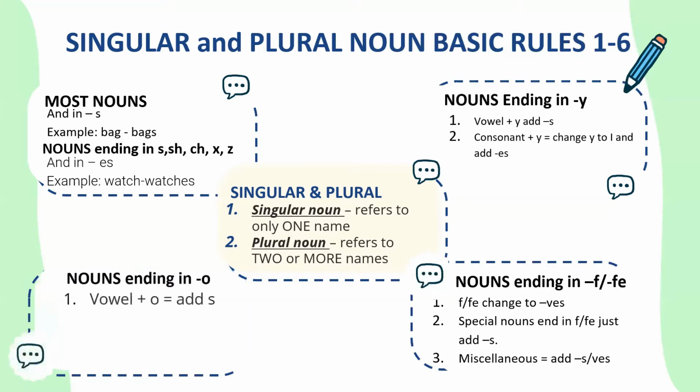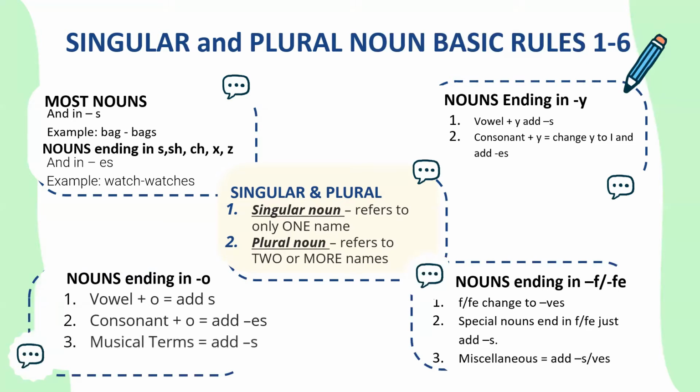Lastly, we have also learned about nouns ending in O. So if a noun is preceded by a vowel, then O, just simply add S. Example, igloo to igloos. However, if it's consonant plus O, add ES. Example, hero to heroes, potato to potatoes.